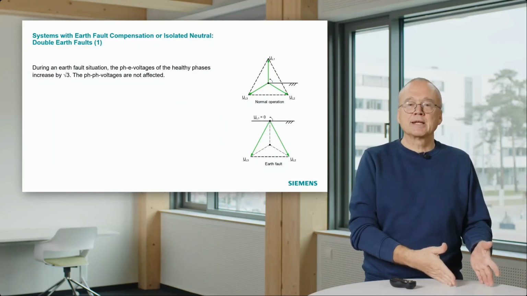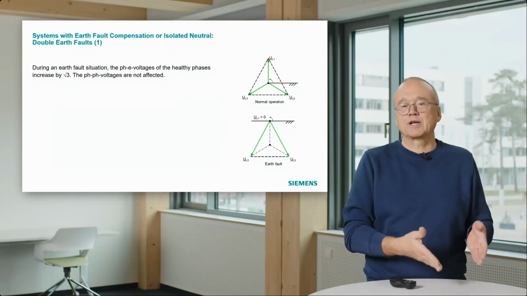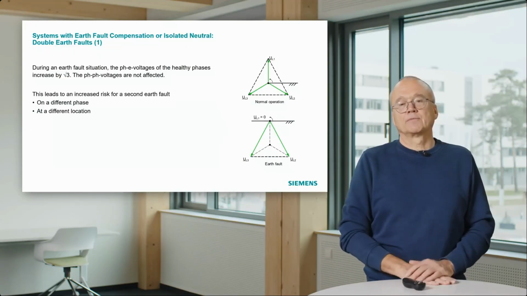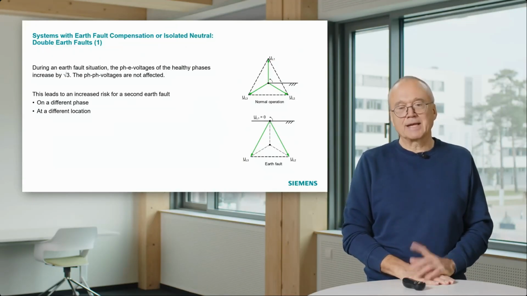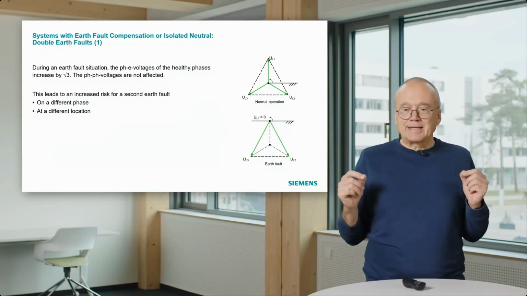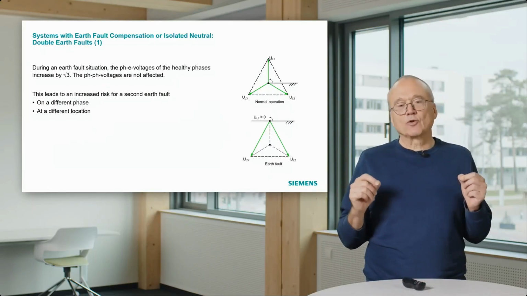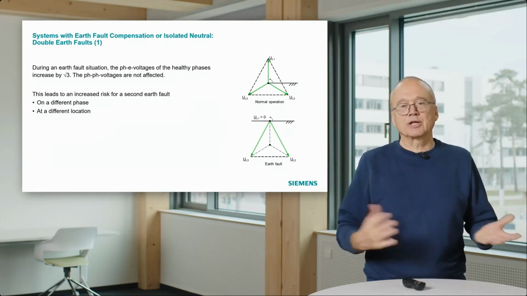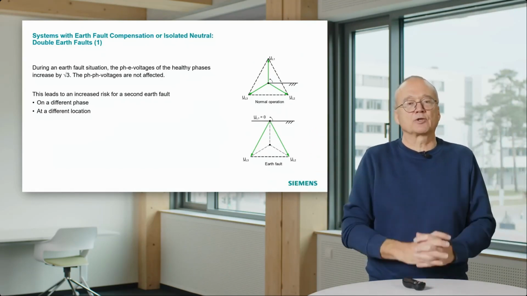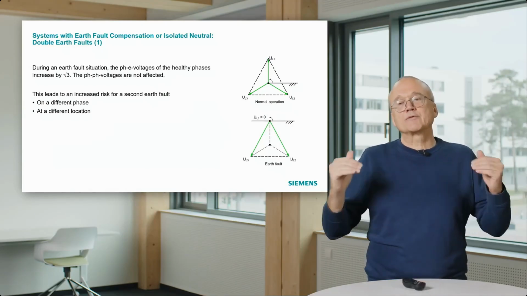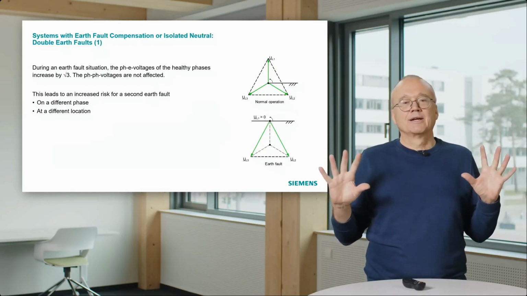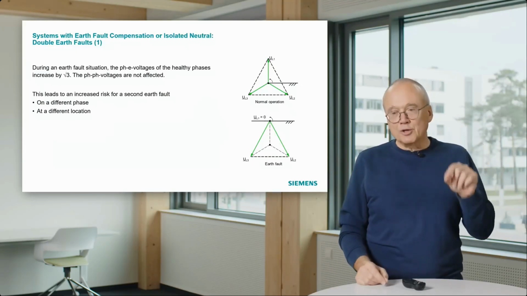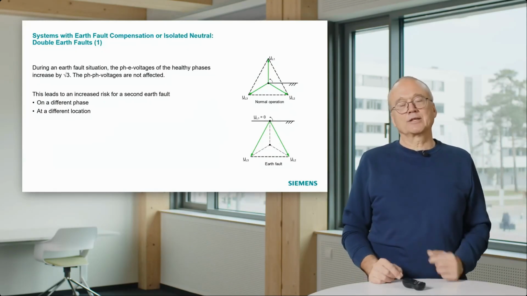That means in a 20 kV system, we have suddenly a phase to ground voltage of 20 kV in the two other phases. And that increases, of course, the risk if we have weak points somewhere in the insulation and we suddenly increase the voltage by square root of 3, then we have a certain risk that we get another earth fault, a second earth fault, on a different phase at a different location.